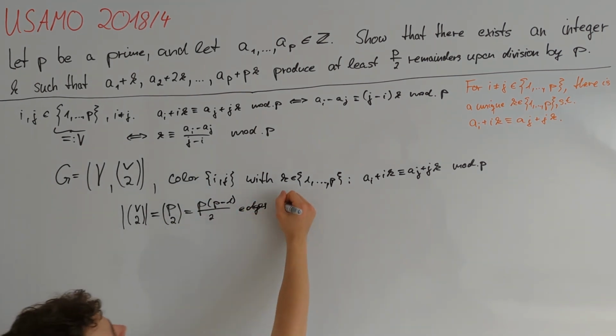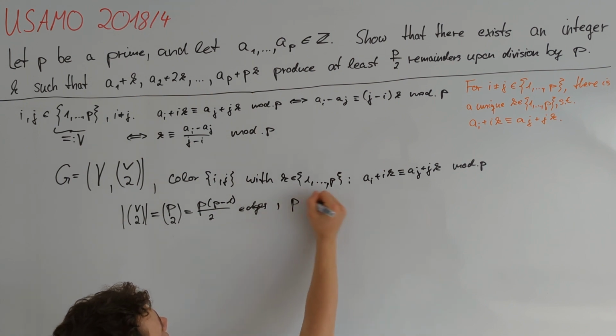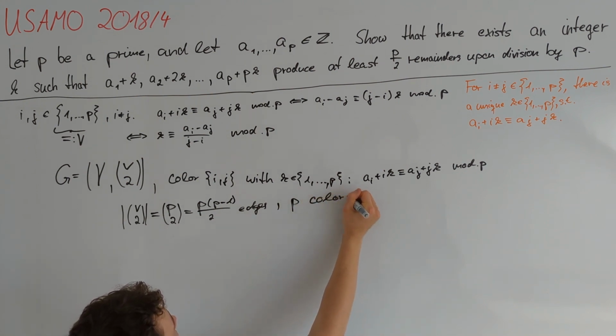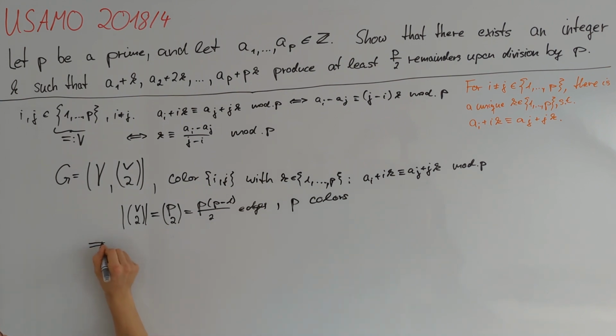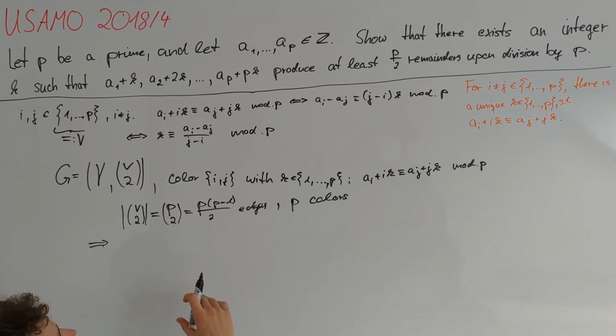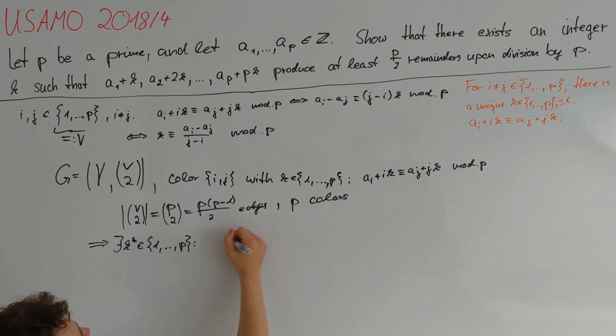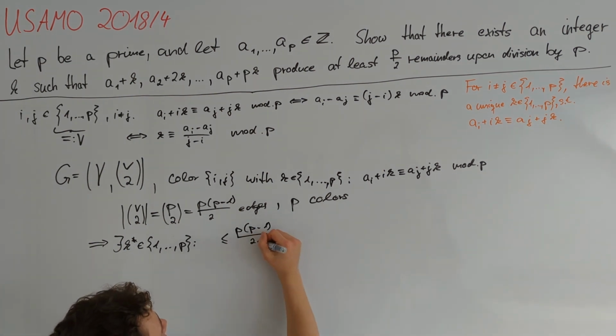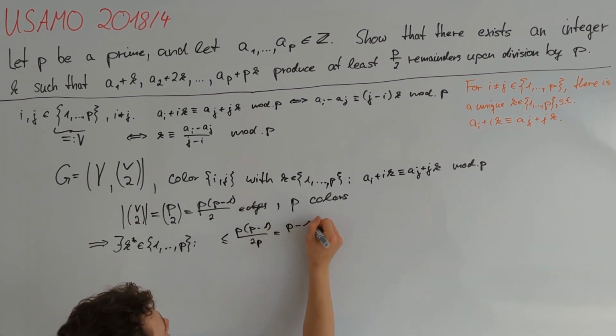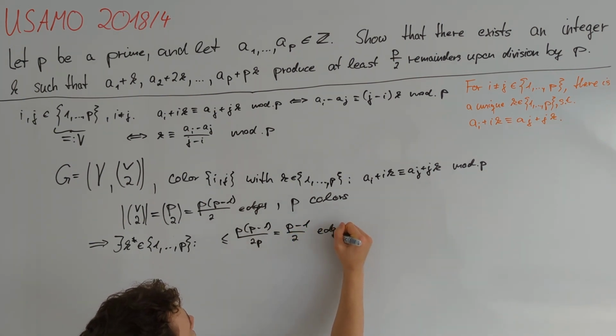And we have p colors, namely the colors 1 up to p, we can conclude that if we take a color with the fewest number of edges, that we can find a color k star in 1 up to p, such that we have at most p times (p minus 1) over 2 divided by p, which is equal to (p minus 1)/2 edges which are colored with k star.